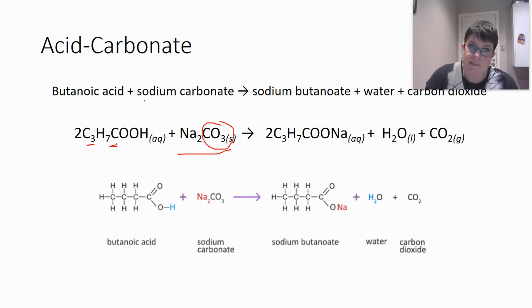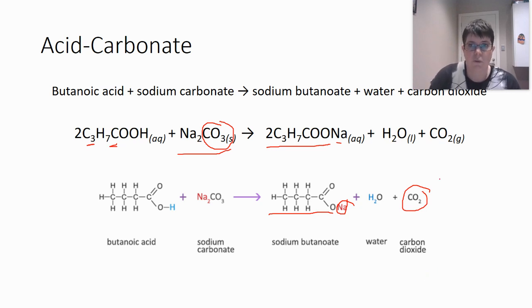We're going to form an ion here, butanoate, or we can do it as a structural formula here, butanoate, and the positive ion is the sodium here, plus water, plus our gas, carbon dioxide, and we would see that as fizzing. So we would expect to see some fizzing when a carbonate reacts with a carboxylic acid.